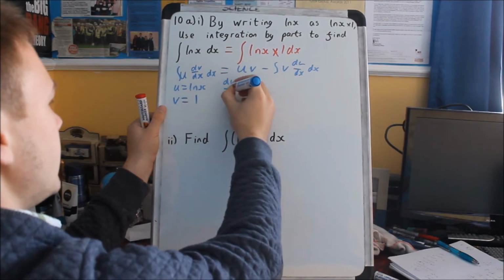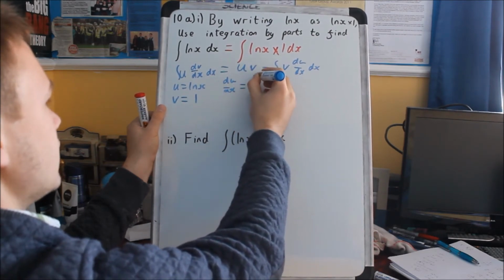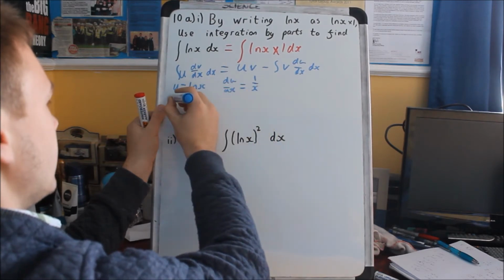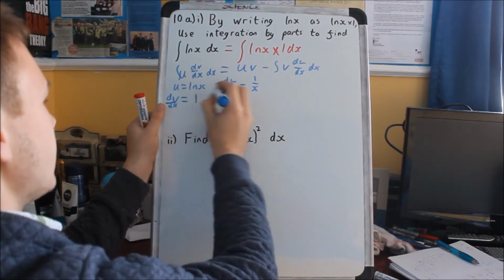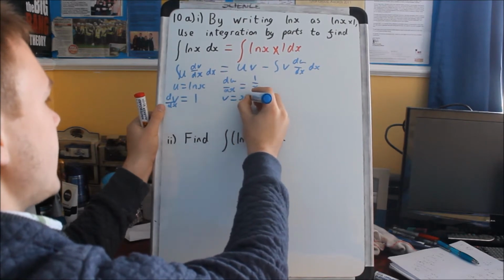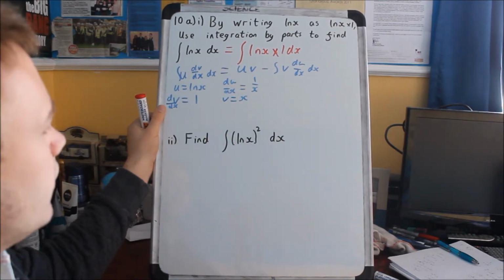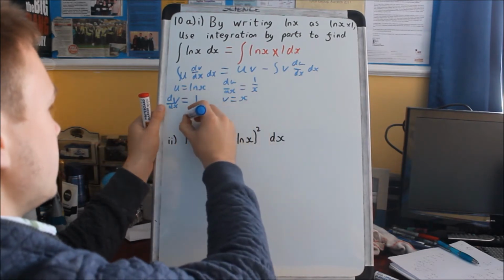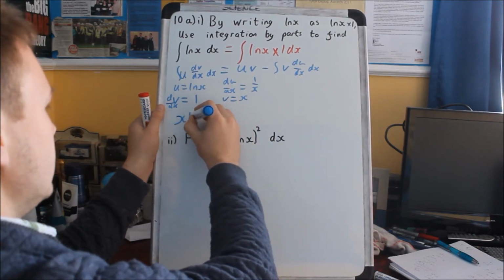So du by dx, you should now differentiate ln x, it's just 1 over x. And that's dv by dx. So our v is x. So now we can go to our formula. uv is ln x times x, which is x ln x.